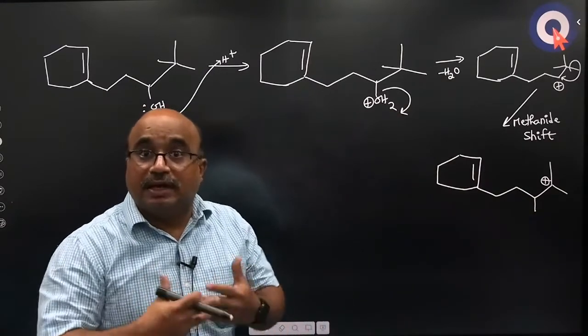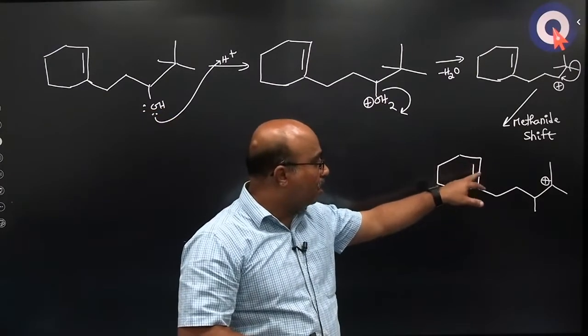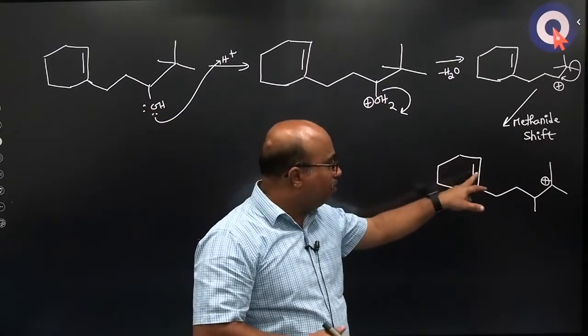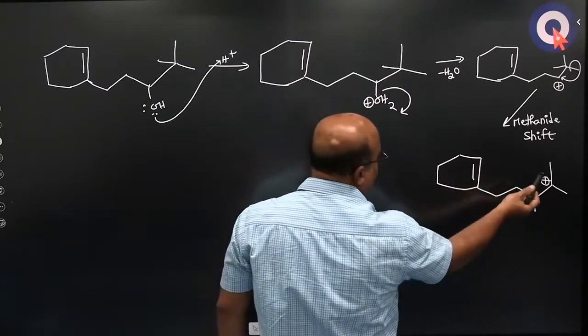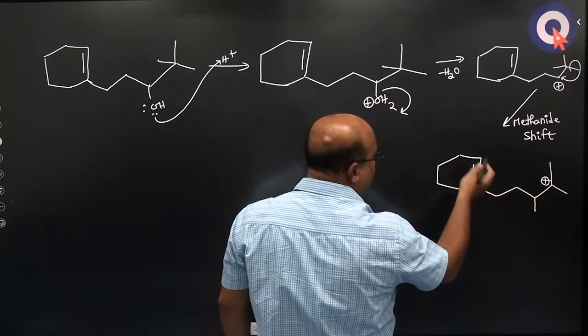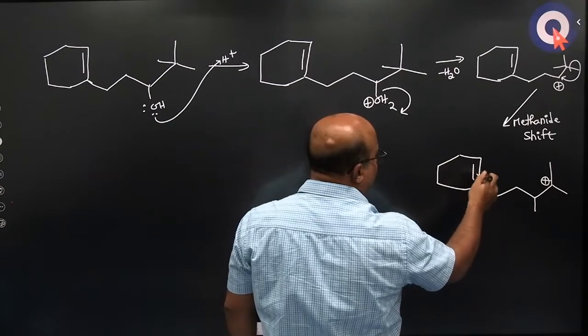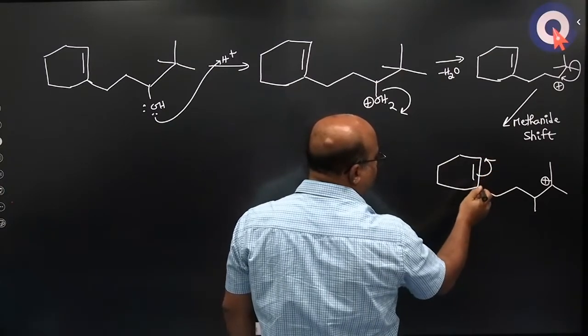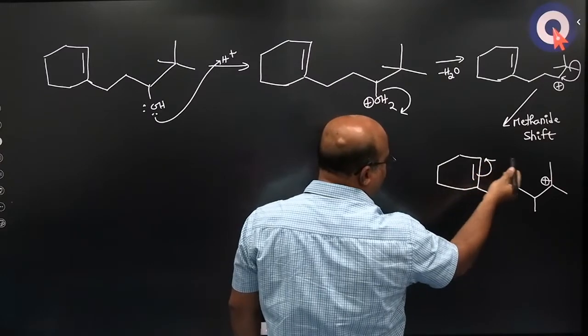But there is an internal nucleophile, that is an alkene or a double bonded carbon. So this carbon is acting like a nucleophile, with the already positively charged internal electrophilic carbon, this pi bond will shift. When it is shifting, generally it shifts towards this carbon, because the positive charge here is better.